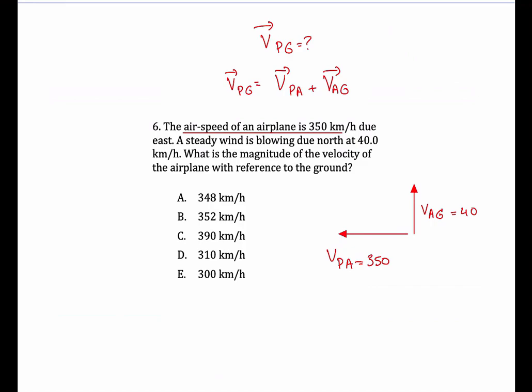So we have to add the vector PA and the vector AG, but because they form 90 degrees, the vector addition will be equal to the magnitude of the diagonal, and we can find it from the root of 350 to the power of 2 plus 40 to the power of 2. So 350 squared plus 40 squared, the result is 352 kilometers per hour.